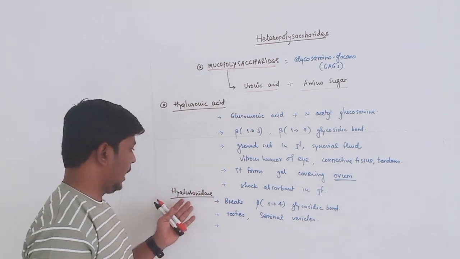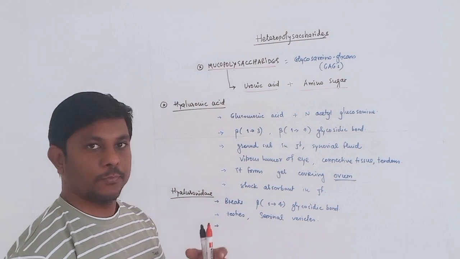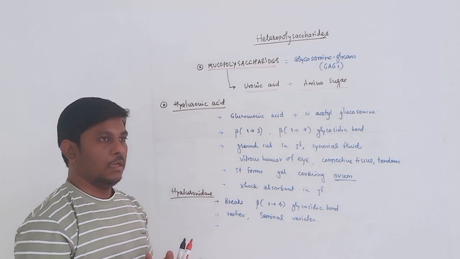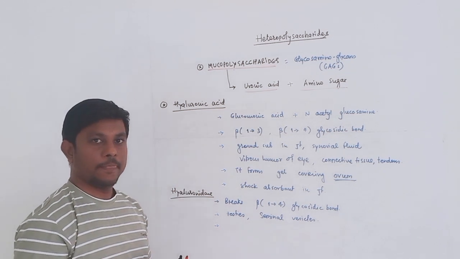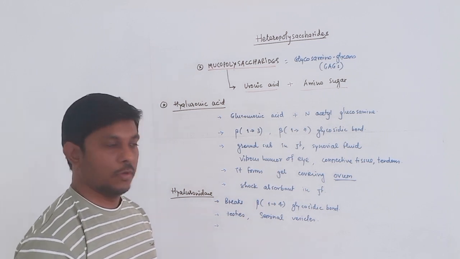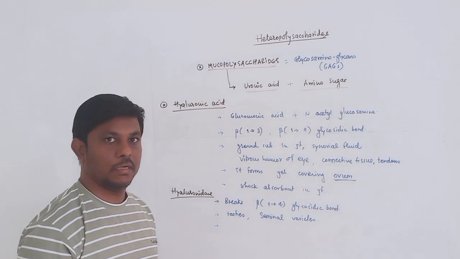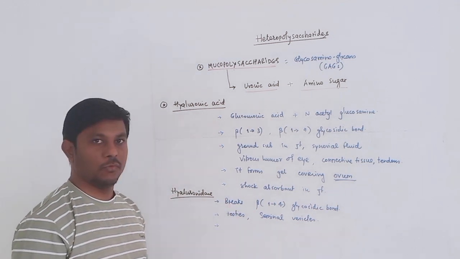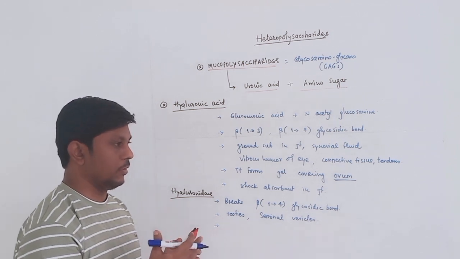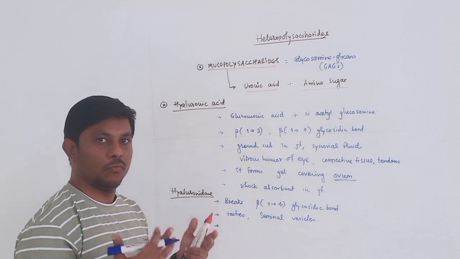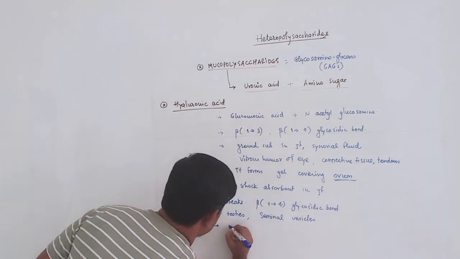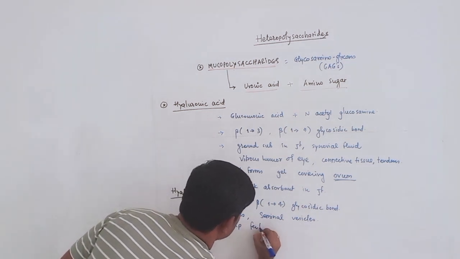That cap contains hyaluronidase, and whenever the head of the sperm gets in contact with the outer layer of the ovum, which contains hyaluronic acid as a gel, this hyaluronidase degrades the beta 1,4 glycosidic bond in hyaluronic acid and breaks down that gel covering of the ovum. That helps the sperm to penetrate the ovum better and helps the fertilization process.